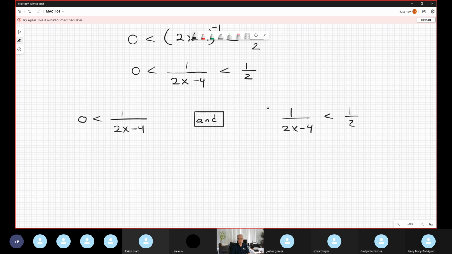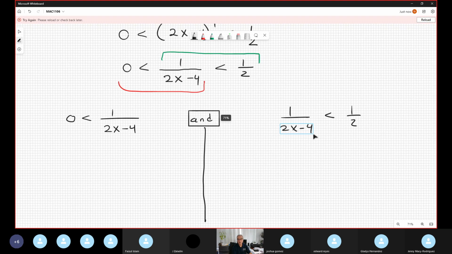Because it's three parts, you need to satisfy this inequality and this inequality. So always three parts, and guys, never is or. Never is or. Okay, now ready to manipulate both parts separately, completely independent.